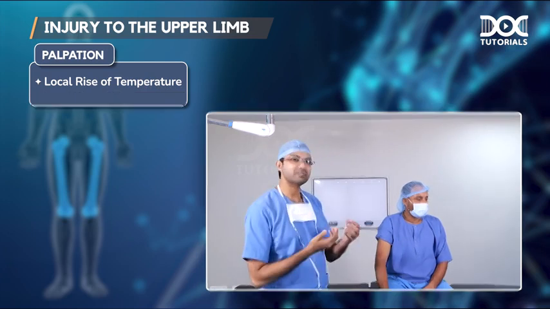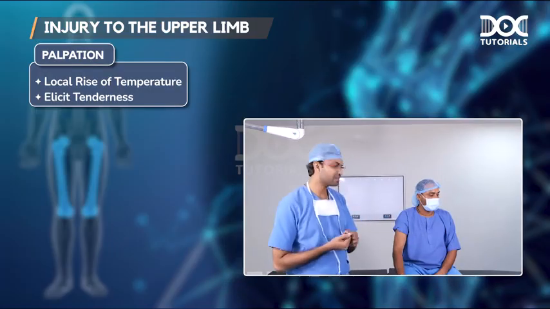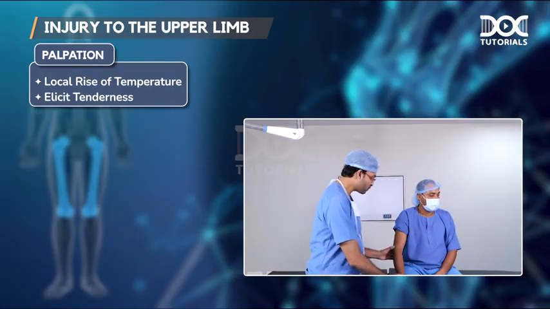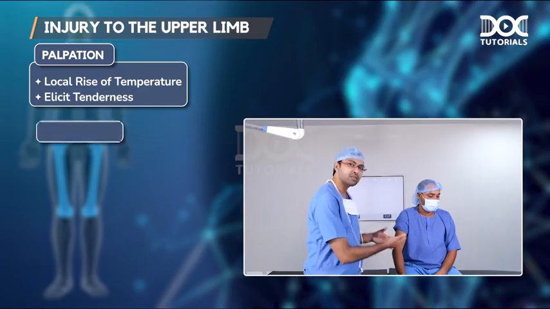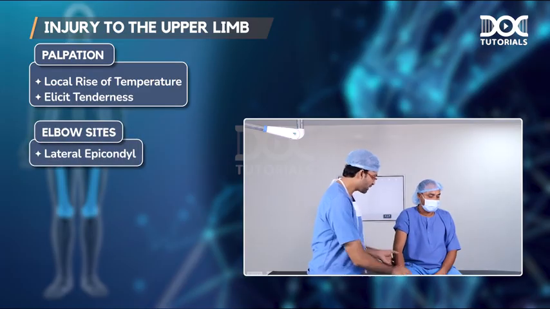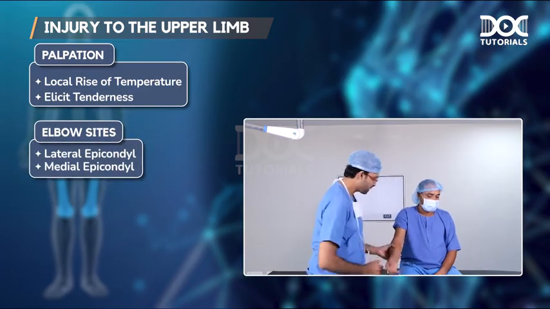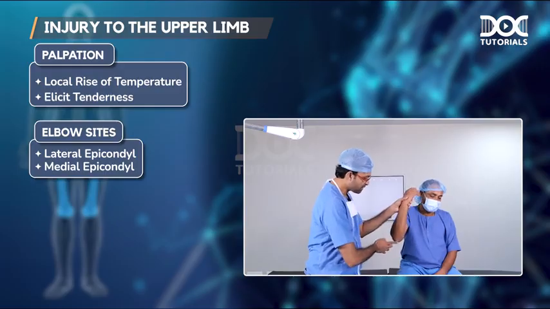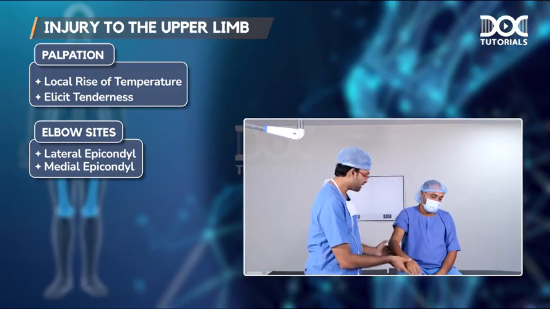Next step is what? Eliciting tenderness. So where do you elicit tenderness? Around the bony prominences. In the case of the elbow, it would be the lateral epicondyle, the medial epicondyle here. Then you have to check for the tenderness in the elbow and obviously in the radial head.